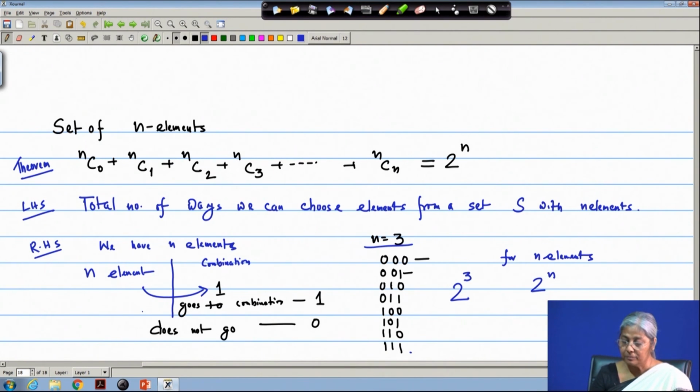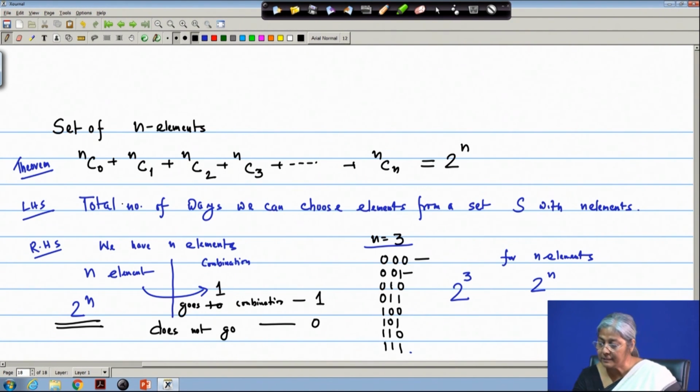If we think of the RHS as these n elements and whether I take the combination or not, that means if it goes to that combination partition, then the RHS is nothing but 2 to the power n.